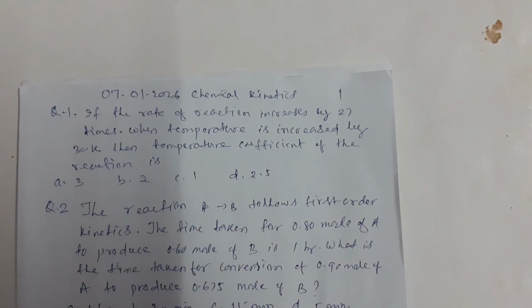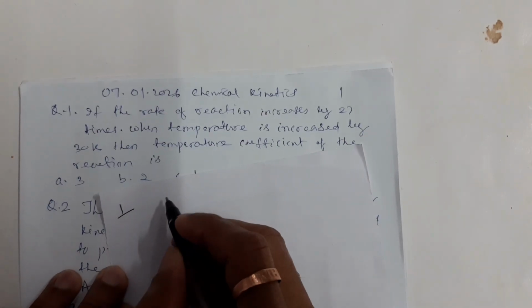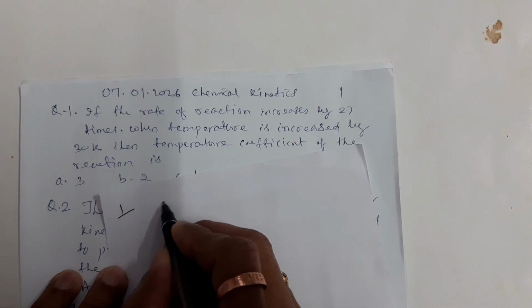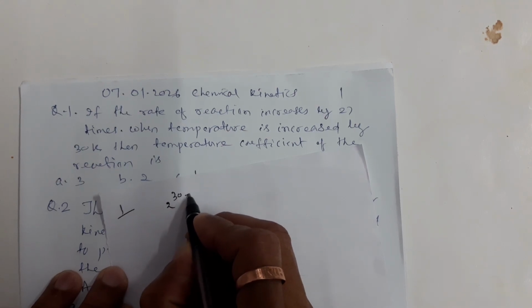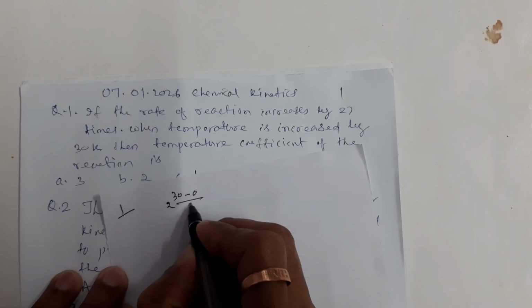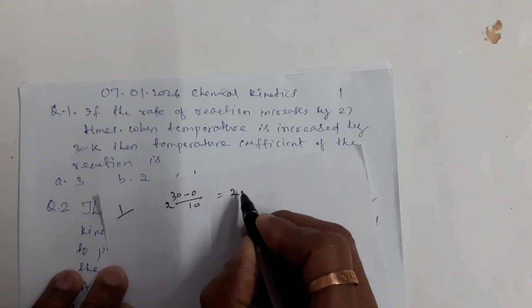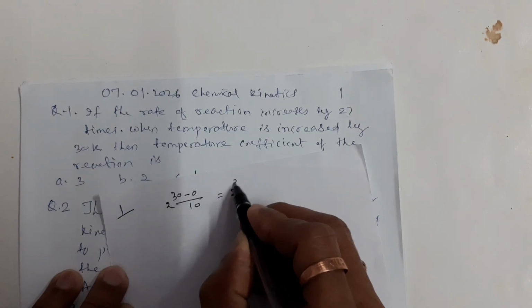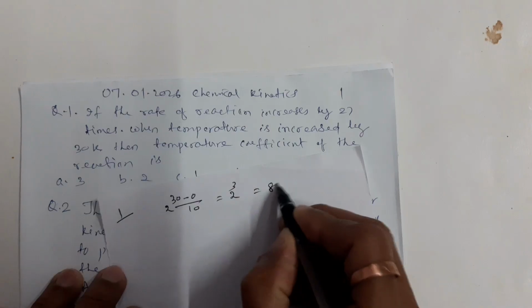Okay, see, I will do question number 1. To the power (30 minus 0) by 10. Okay, so I will get to the power 3. So this is your 8.